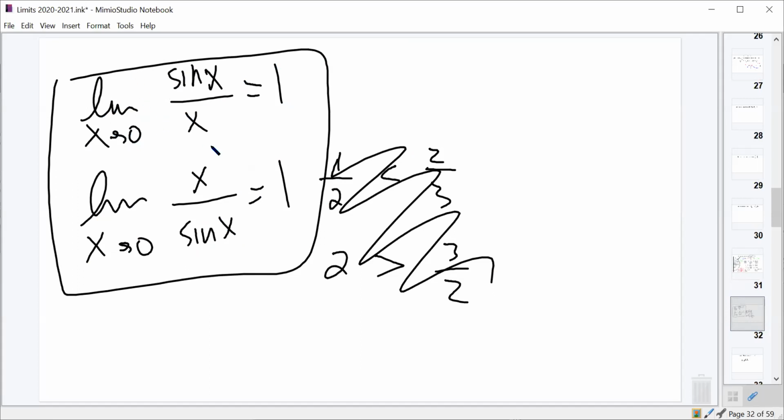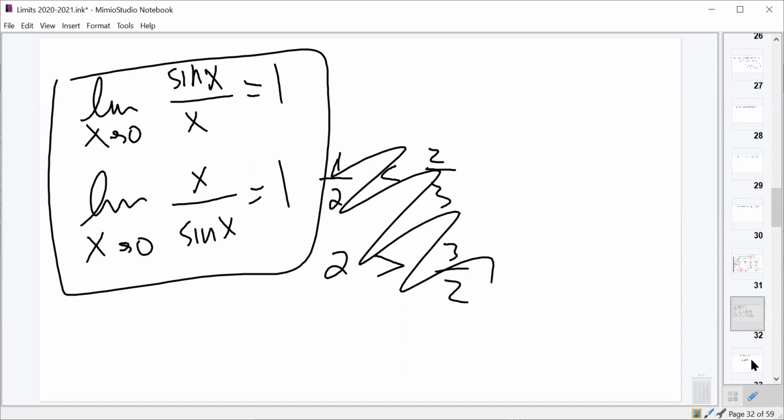The sine x over x one comes up a lot more often, but the x over sine x one comes up as well. So make sure you commit those to memory. I will not ask you to prove these limits anymore using the sandwich theorem, now that we've done it, and you should know. Sound good?